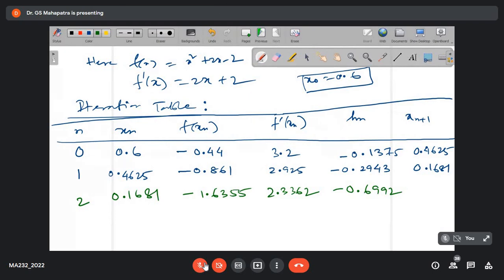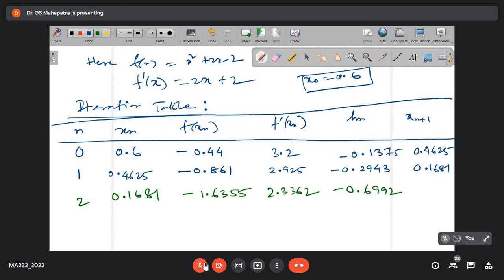Why is it x naught plus h? I think you are, is it correct, hn? 0.137? I have a doubt.